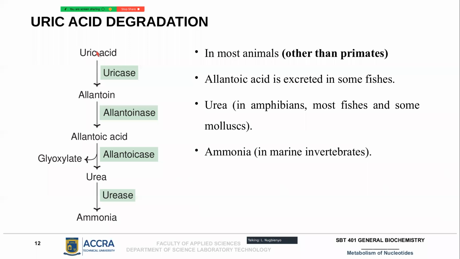But in other organisms, for instance in some fishes, uric acid goes further down the reaction to form allantoic acid. In some amphibians and mollusks, some snails, some oysters, the breakdown goes further to form urea.